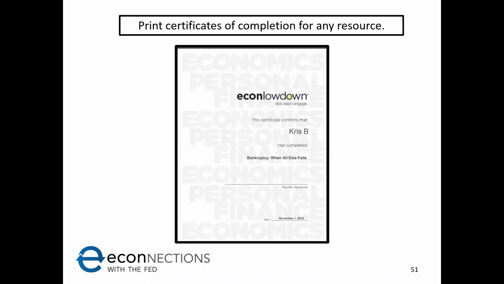Just a nice different way to have an assessment completion certificate rather than a score. Some folks are getting away from scoring everything, right? So this is a nice way to mix it up a little bit.